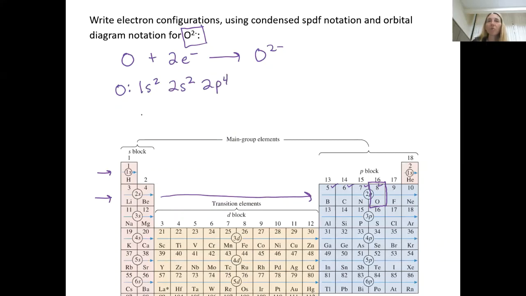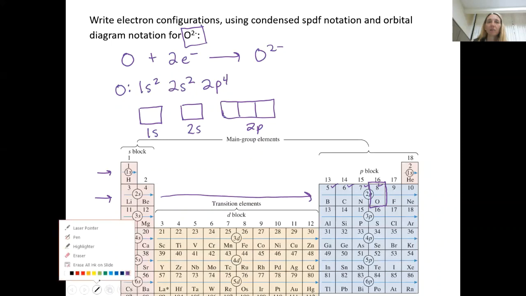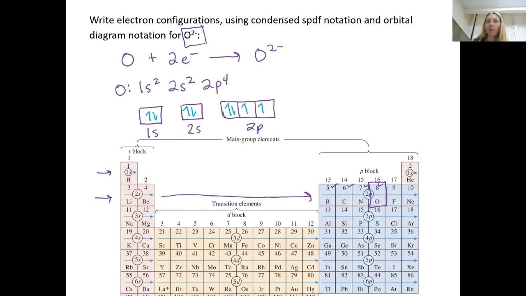Okay, now if I draw the orbital box notation of this, it looks like that, where this is 1s, 2s, 2p. So I put 2 electrons in my s, I put 2 electrons here, and then in my p orbital, I put 1, 2, 3, 4, following all of the rules, right?